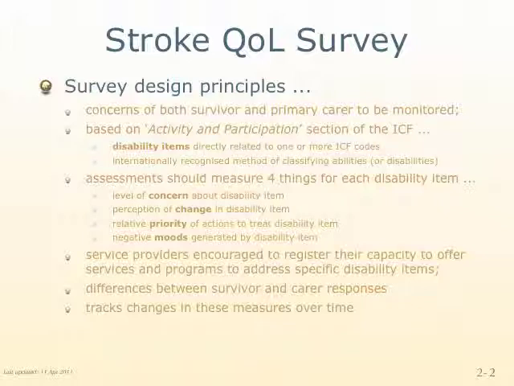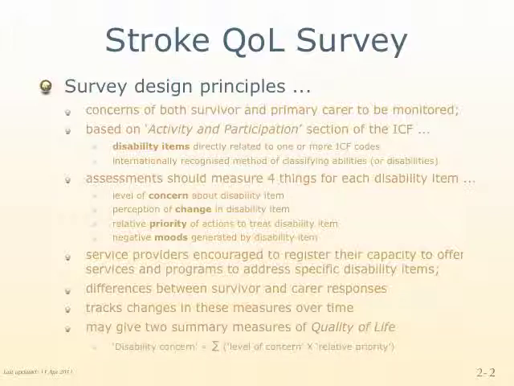The survey responses can be used to prepare 2 summary measures of the stroke survivor's quality of life. The first is what can be called a disability concern, which is calculated by summing the products of the scores given by the stroke survivor to the level of concern question and the relative priority question.